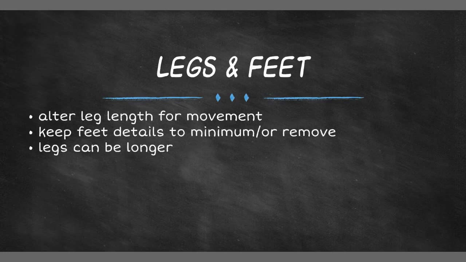Alright, staying with legs and feet, you can use some distortion in the length of the legs, however, and this can help to indicate movement and other dynamic things going on with the scene. Details of the feet, etc., don't even worry about that. Make one leg slightly longer than the other if the person's walking or running, as you saw in the previous picture.